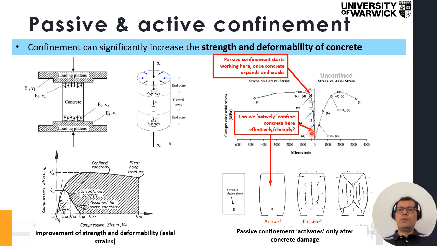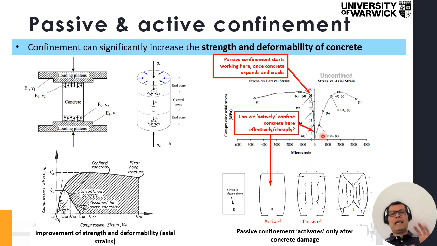Basically what we want to do with this confinement is to change this stress strain behavior, which in this plot could be something like this. With the confinement, we want to change it to something like this. We want to increase both the strength in the vertical axis, but also the deformability of that concrete in the actual direction by controlling the lateral expansion of that concrete.